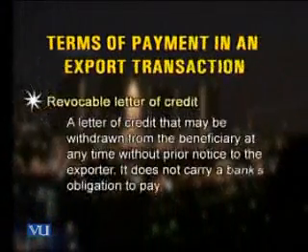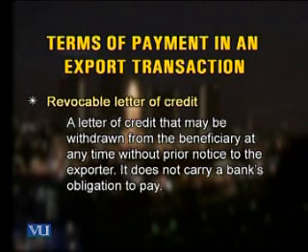So when the exporter has done the exports, he will send the documents to this foreign bank, hoping that the foreign bank will make the payment which it has guaranteed on behalf of the importer. If it is a revocable letter of credit, that means the order can be cancelled anytime. So the exporter has to see the terms of this export transaction.